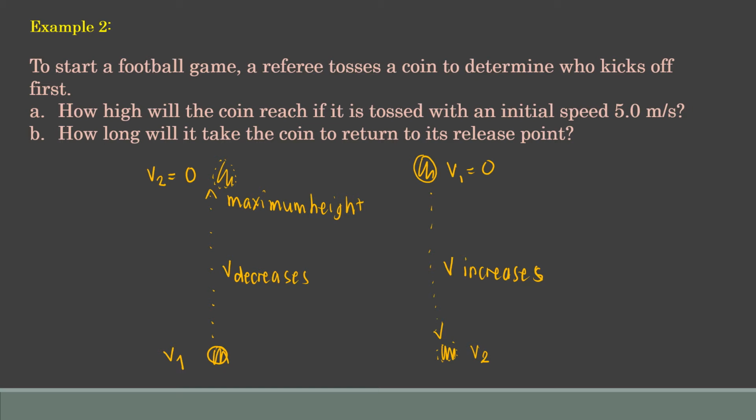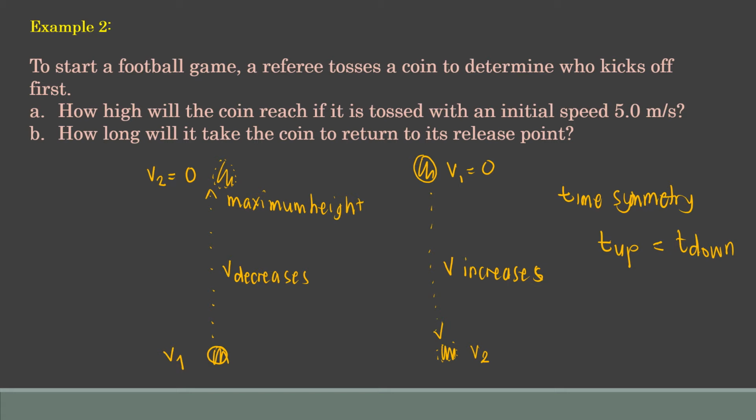As it reaches the point where it is released, its final velocity will be at its maximum. Also take note that in motions like this, provided that the object is released from the same height and reaches that same release point, the motion will always follow time symmetry. And what is that time symmetry? Time symmetry simply tells us that the time for the object to move upward is the same as the time for the object to move downward.